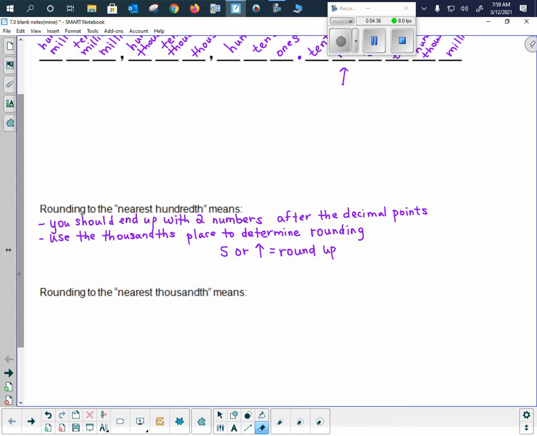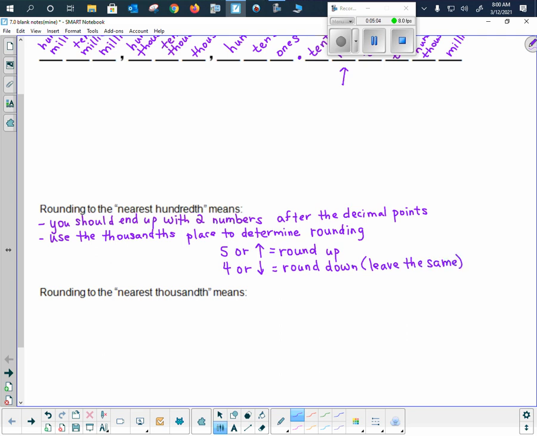By round up, we mean change the number up. You'll see that in the examples. But if it's 4 or lower, we call it round down. But you need to understand that rounding down, guys, really just means leave the number the same. That's just the math language.